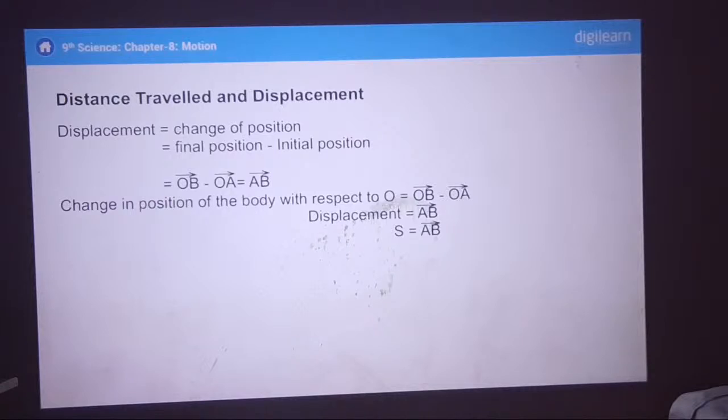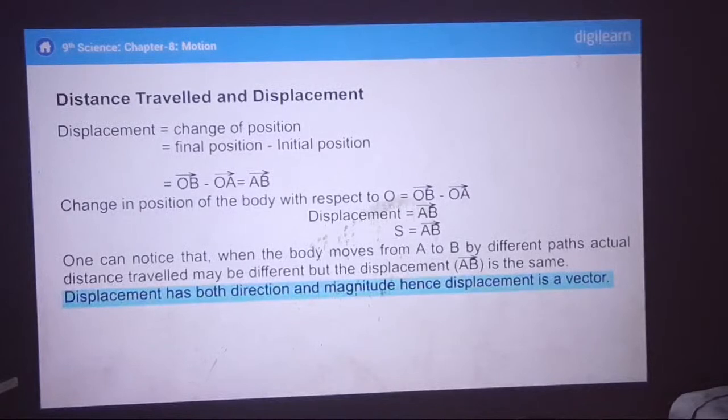Displacement is equal to vector AB. Vector S is equal to vector AB. One can notice that when the body moves from A to B by different paths, actual distance travelled may be different, but the displacement vector AB is the same. Displacement has both direction and magnitude, hence displacement is a vector.